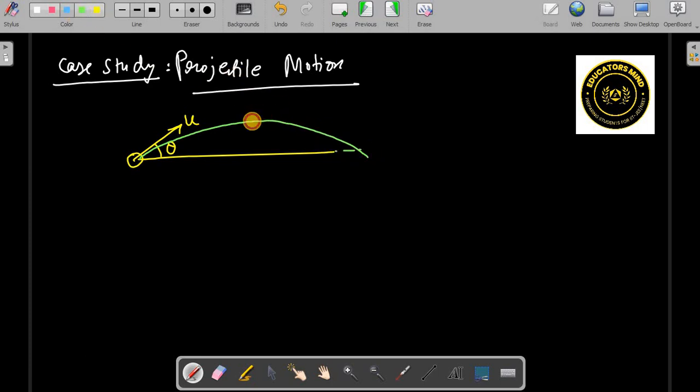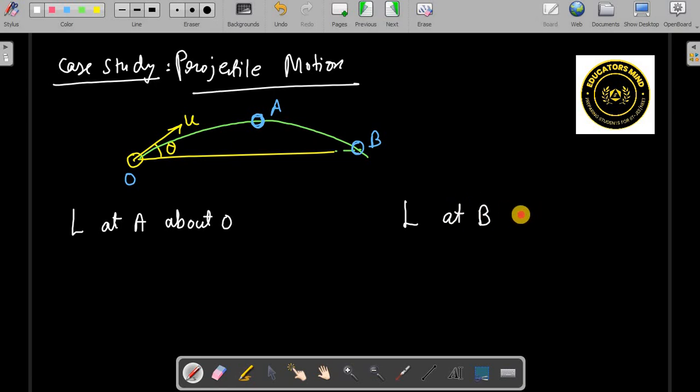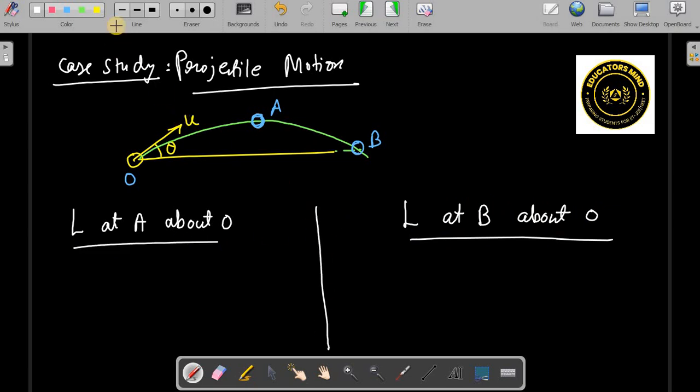So let us say when the body is here at this topmost point A, or it is at the bottommost point B, this is O. So what is angular momentum at A about O? Similarly, what is angular momentum at B about O? Okay, so these two calculations you can understand.